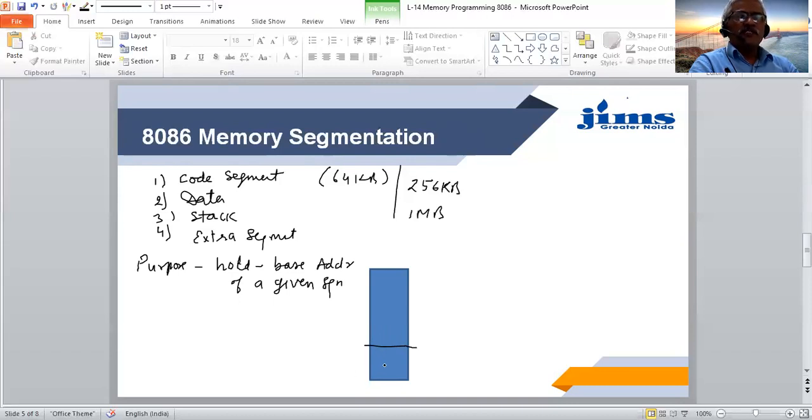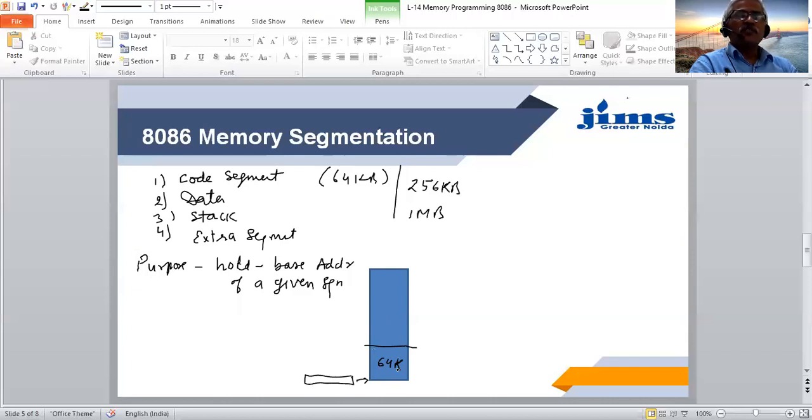We know that each segment is 64 kilobyte long. So to address within this space, you require 16-bit of address.